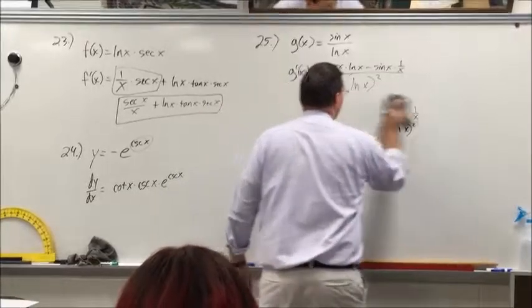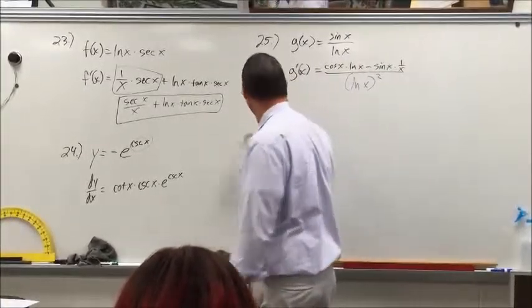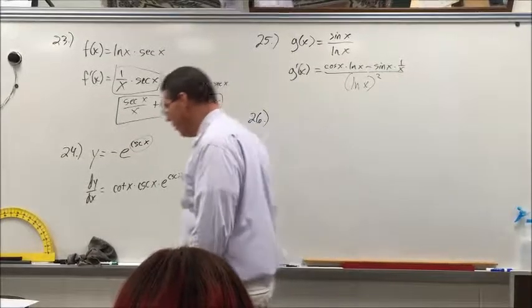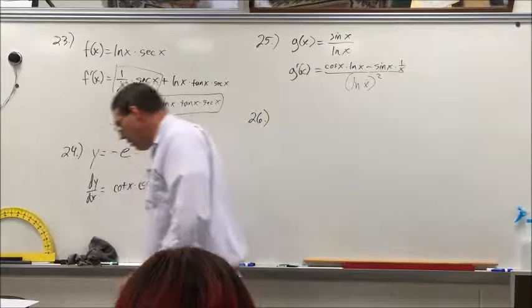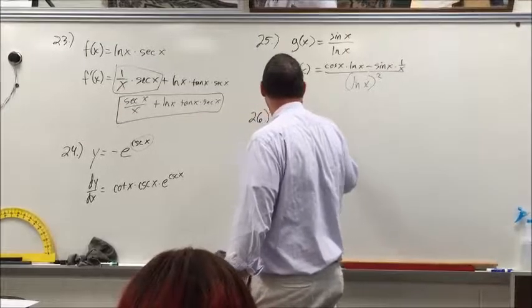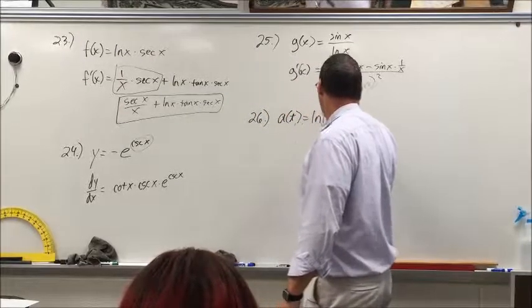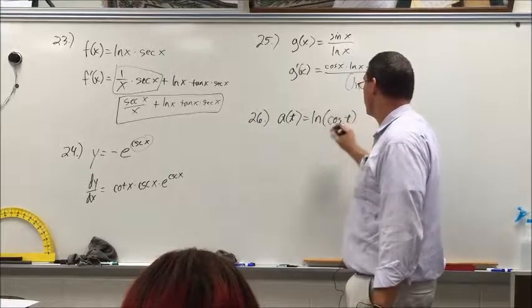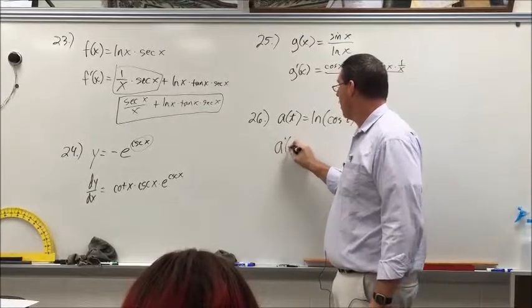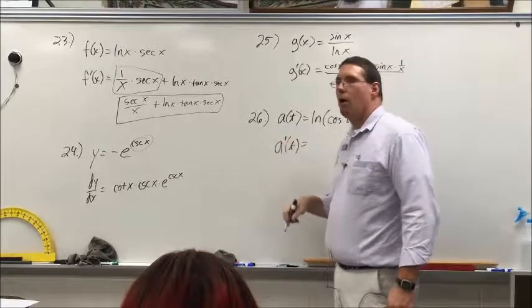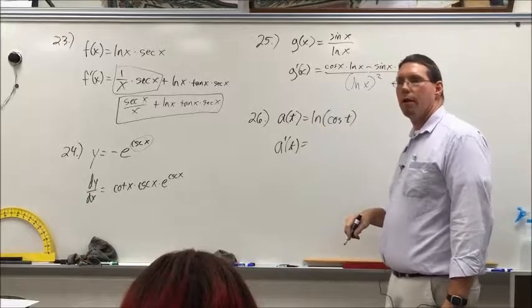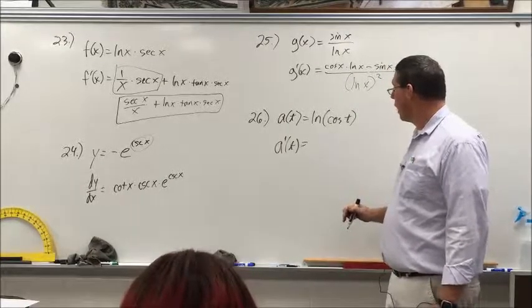Okay. Let's leave this. Okay, let's go to 26. Question 26. We have natural log of cosine of t. A of t is the natural log of cosine of t. I love this one. This is a really good one. A prime. What rule am I going to use here? Chain rule. Okay.